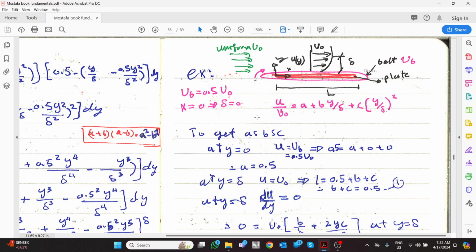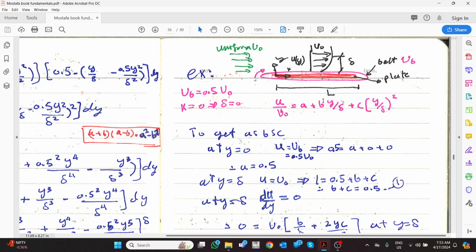And of course, they told you the start of interaction between the velocity flow and the boundary layer is equal to 0.